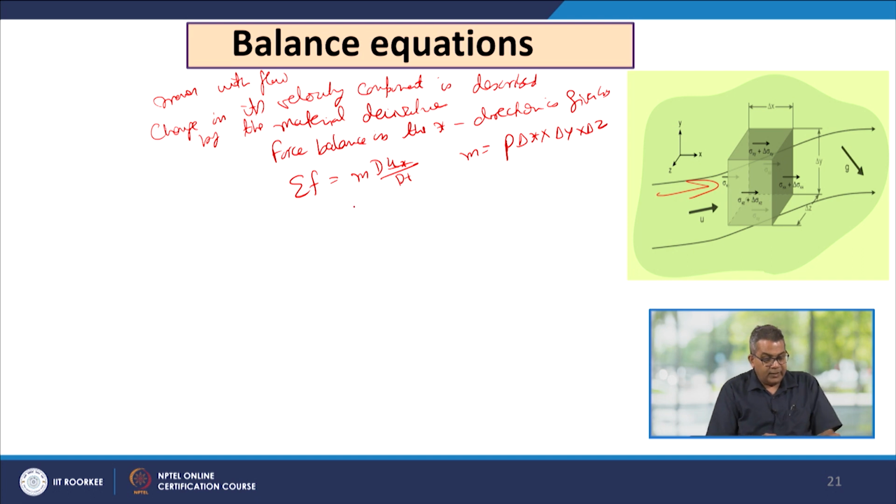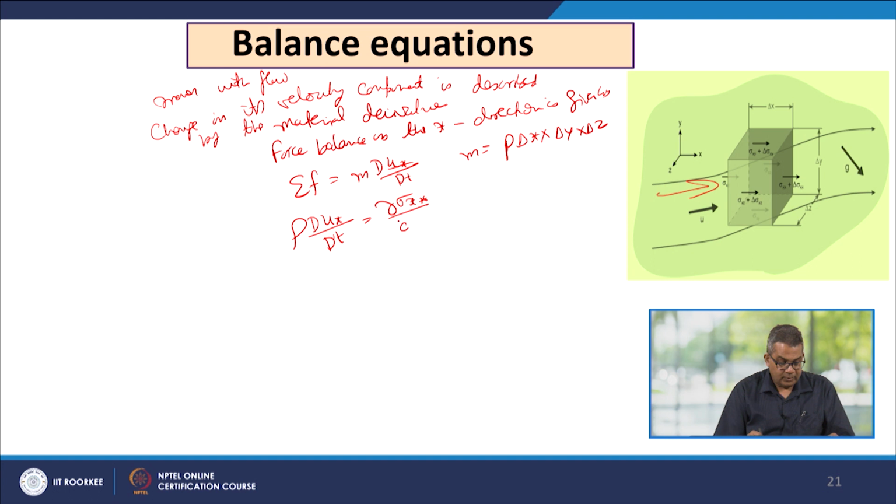So, after adding the forces, dividing by the element's volume and letting the volume go to 0, the force balance in the x direction results in rho du x over dt equals del sigma xx over del x plus del sigma yx over del y plus del sigma zx over del z plus rho g x.